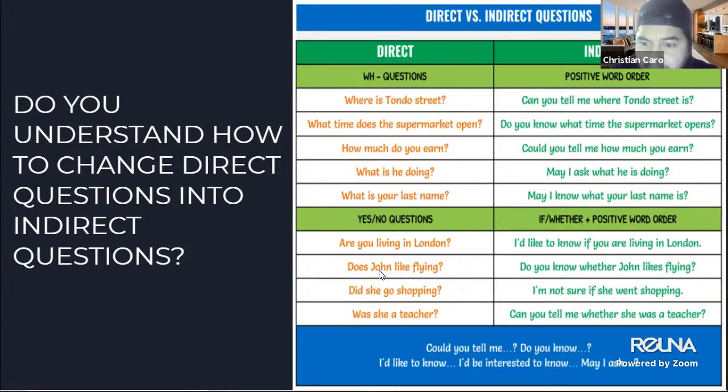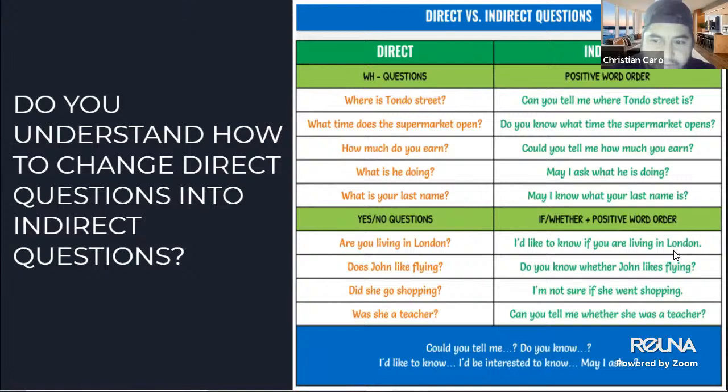Okay. And also you can see that we are dealing with indirect questions and indirect sentences, or indirect expressions or phrases. So for example, the first one, it's not a question. The second one and the fourth one are questions, but not the first and the third. I'd like to know if you're living in London. So this is pretty much an indirect sentence, right?